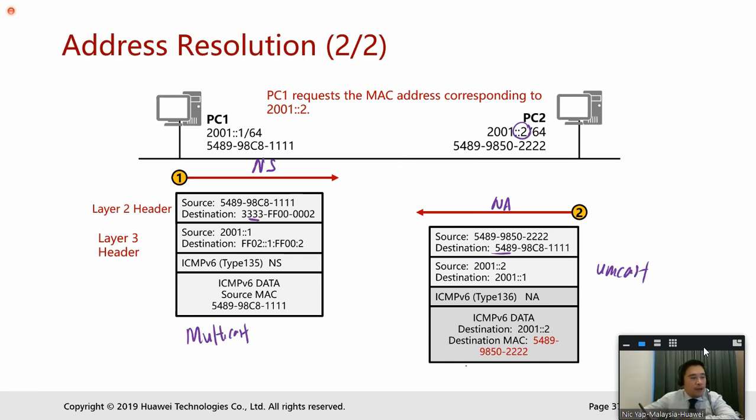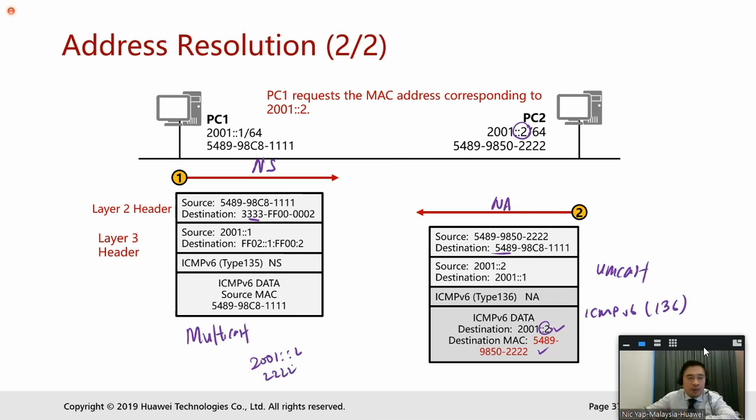So in this case, inside the ICMPv6 type 136, they will have a destination address and also the MAC address. Oh, colon 2, my address, this is my MAC address. I tell you that right now 2001 colon 2's MAC address is 2222.